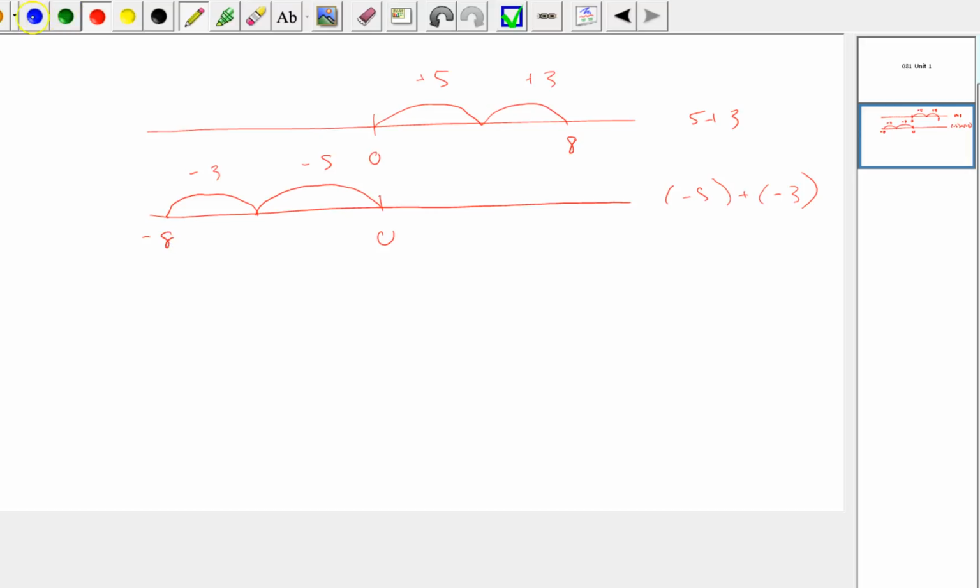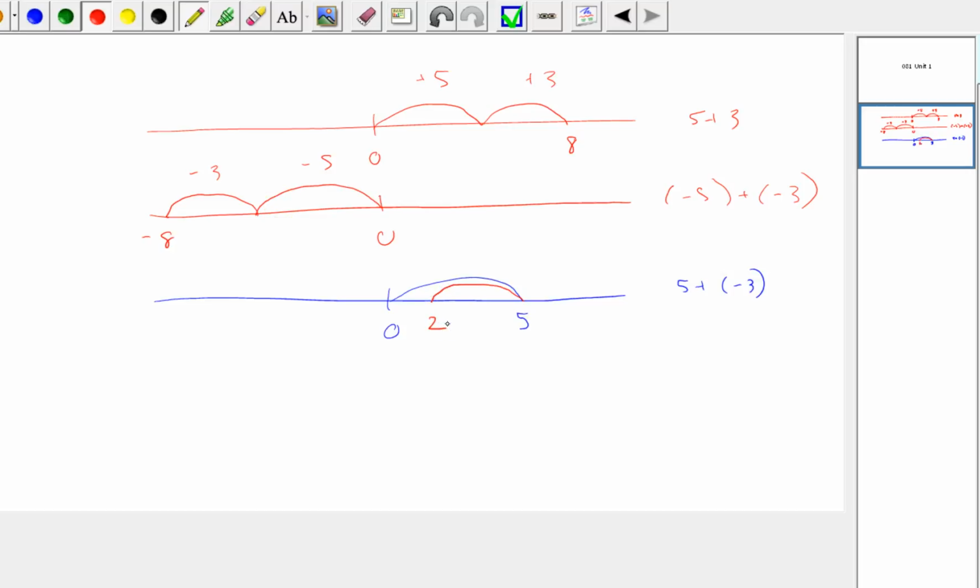Okay? And then they should compare and contrast this with, if we have 5 plus -3, we start at 0. This is 5 in the positive direction. And then adding -3 is like taking away 3.